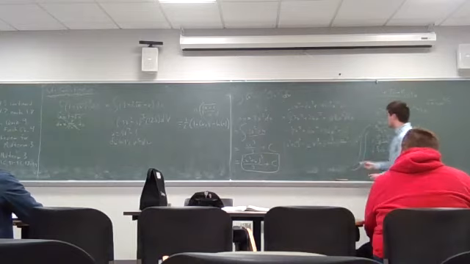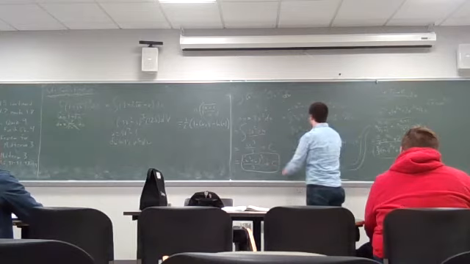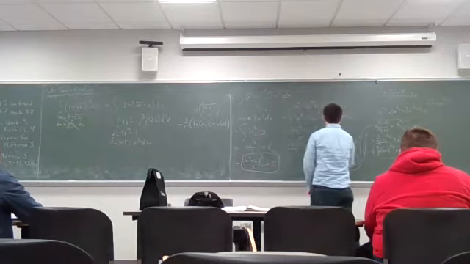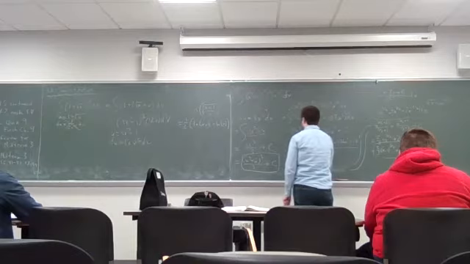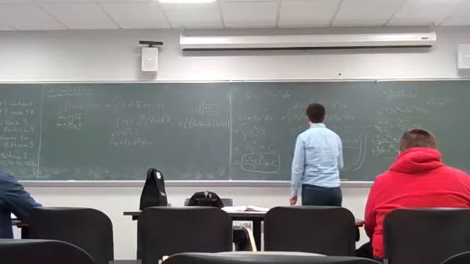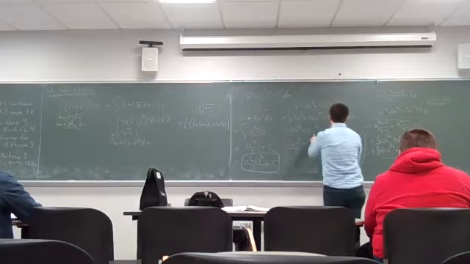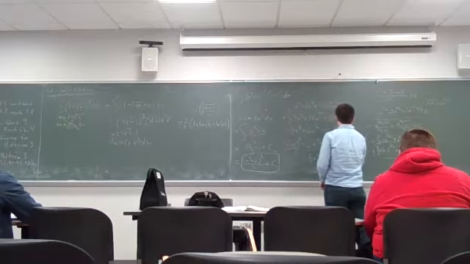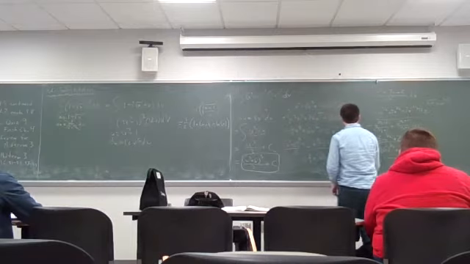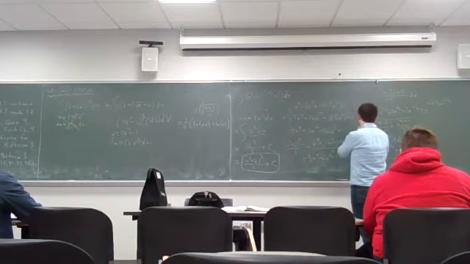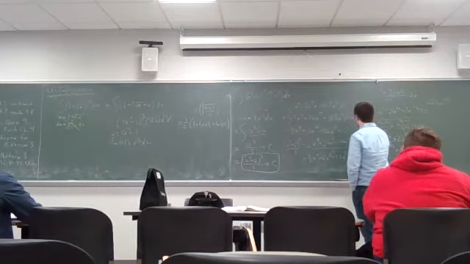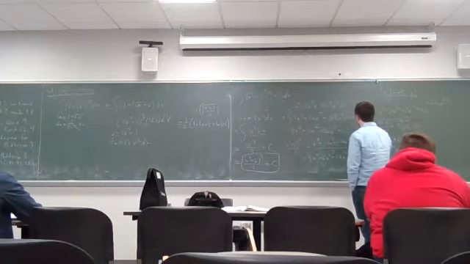Okay, so if I divide this by 3, this ends up being 1/3 x to the 9th plus 6x to the 6th plus 36x cubed plus 6 cubed is 216.